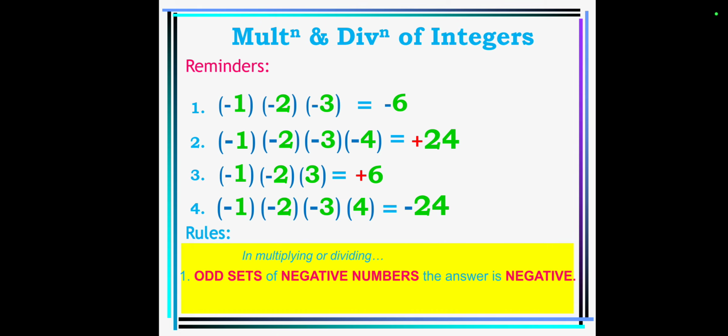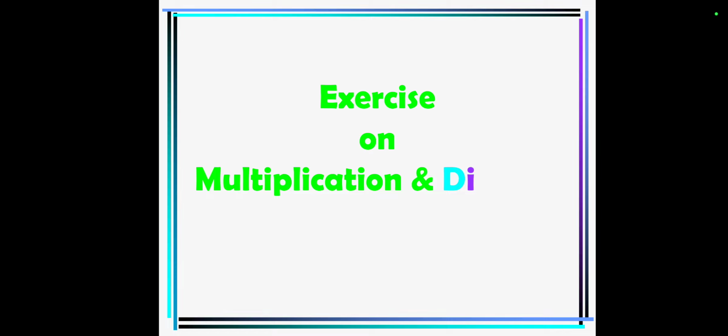Rules in multiplying or dividing, even if it's dividing, odd sets of negative numbers, the answer is negative. When I say odd sets, those are 1 negative, or 3 negatives, 5 negatives, 7 negatives, those are odd numbers. And even sets of negative numbers, the answer is positive. I hope that is clear.